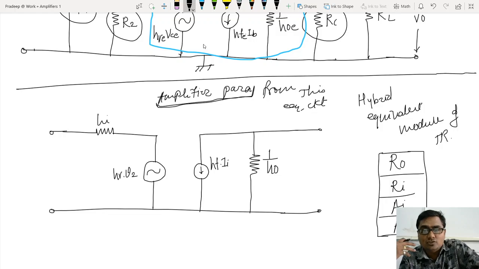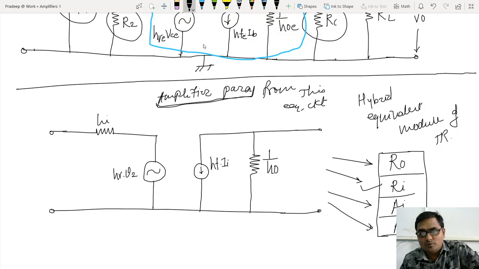So my job is to derive equations for input impedance, output impedance, current gain as well as voltage gain from this equivalent H model of a transistor.